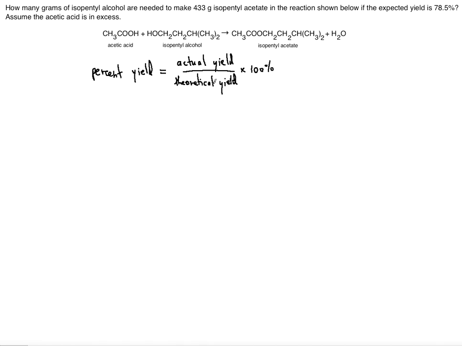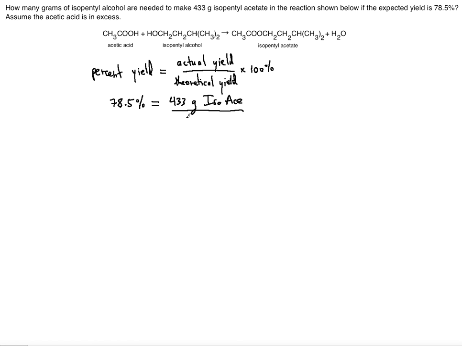So let's substitute in the information and see what we find. The percent yield is 78.5%, which is equal to the actual, 433 grams of isopentyl acetate, divided by the theoretical.